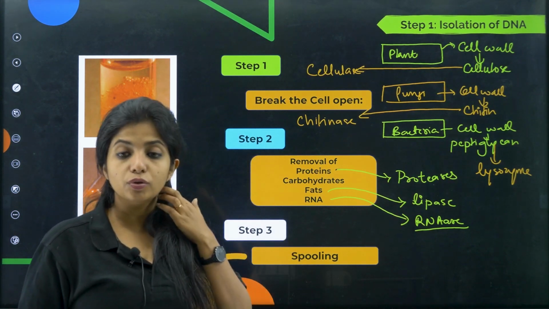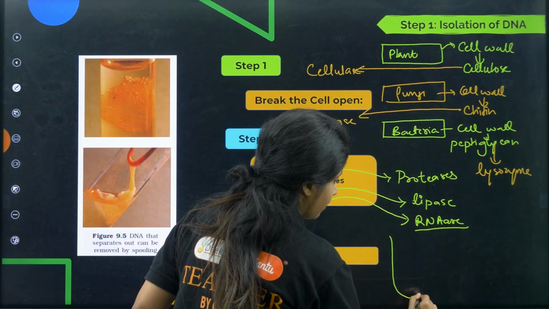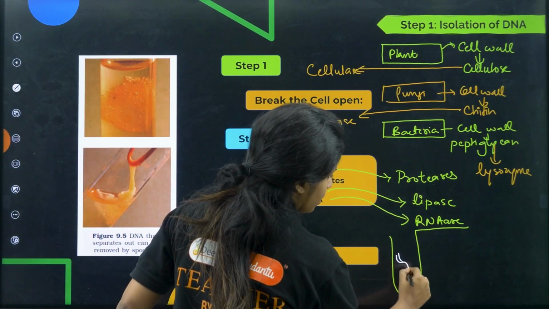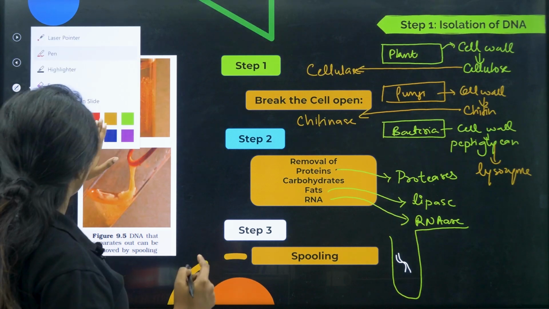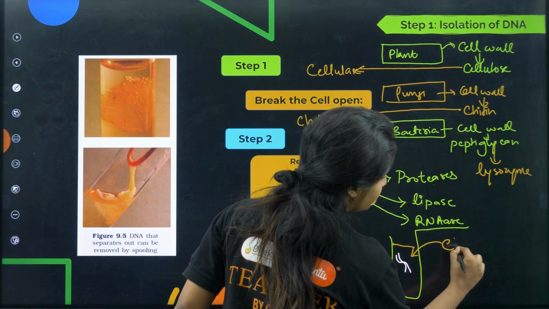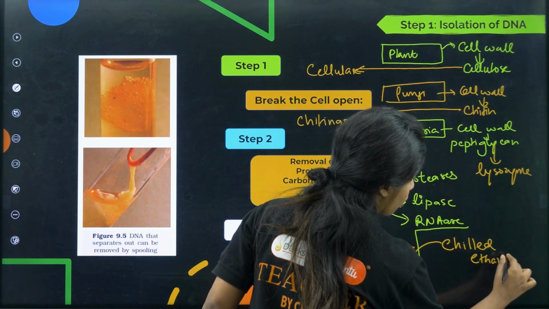In spooling, I have a test tube in which I would be having the DNA. I will centrifuge it for sure, and then after that I will put a very important solution in it, that is chilled ethanol, my dear children.